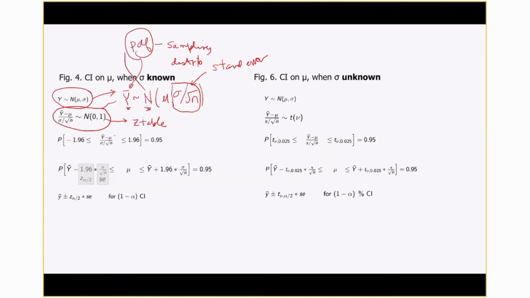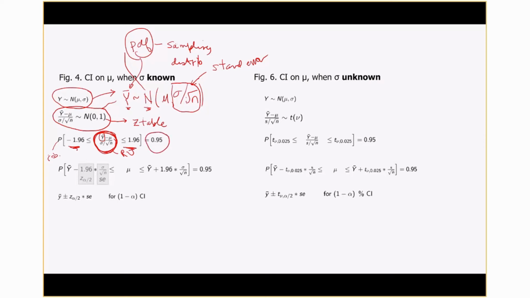If we consider the random variable, the set of all possible values of y bar minus mu over sigma root n, and this P can be thought of as probability, the probability of these things lying between minus 1.96 and 1.96 is equal to 0.95.